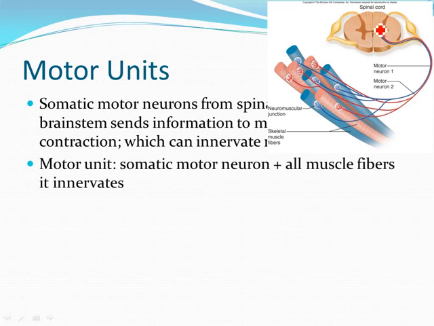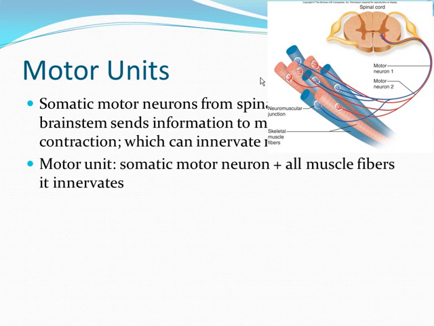A motor unit is one motor neuron, as shown over here, like the blue one, innervating all the muscle fibers that it innervates. All the things in blue are one motor unit, while all the things in red are another motor unit. So it could innervate multiple muscle fibers, multiple muscle cells, or it can innervate very few of them.